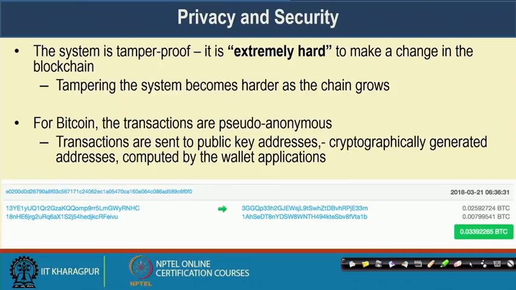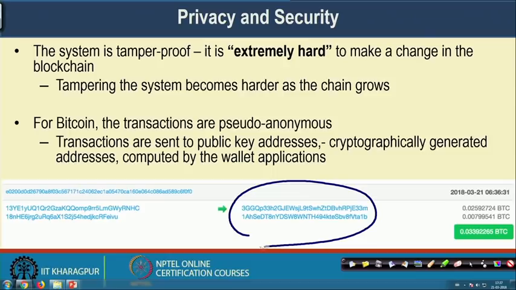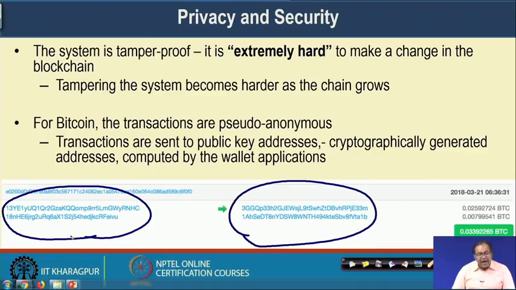Here in this example you can see that these are cryptographically generated addresses using public key cryptography, and from these addresses you will not be able to understand who the actual users are.